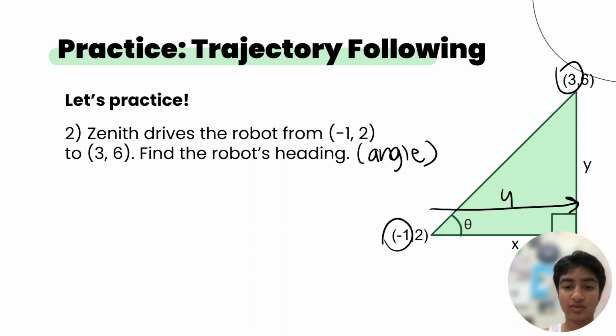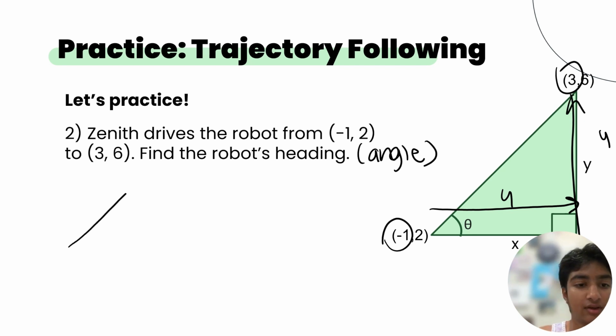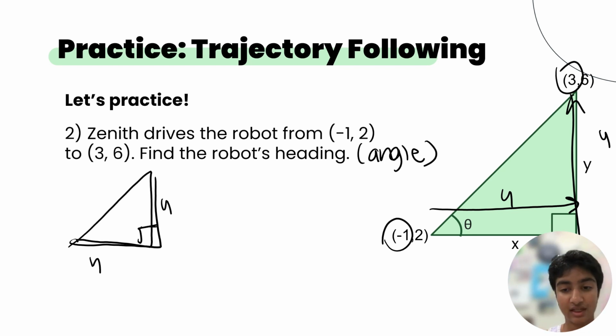And then you also moved up from 2 to 6. So that's another 4. So basically what you have here would be a 45, 45, 90 triangle, because two of the sides are the same, and it's a 90-degree angle right there, right? So you can tell that since the sides are the same, the angles have to be the same as well.